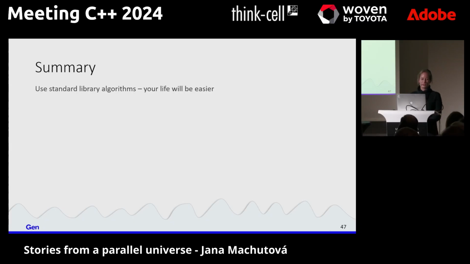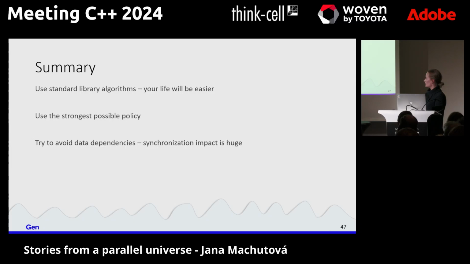So, what's the takeaway? Use standard library algorithms. Your life will be way easier. It helps you a lot, and now it helps you with parallelization as well. Always use the strongest possible policy, because the weaker means that you need some synchronization. Some synchronization means that your performance won't be that great.